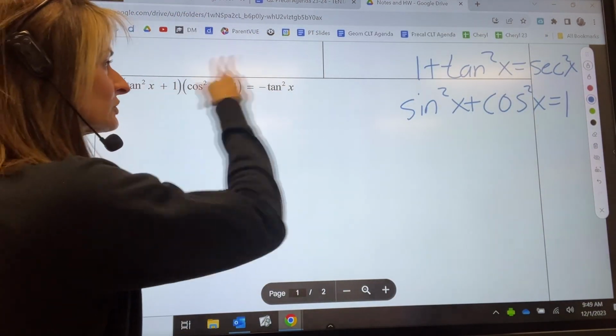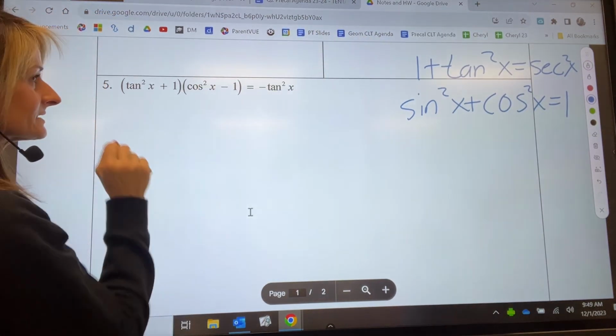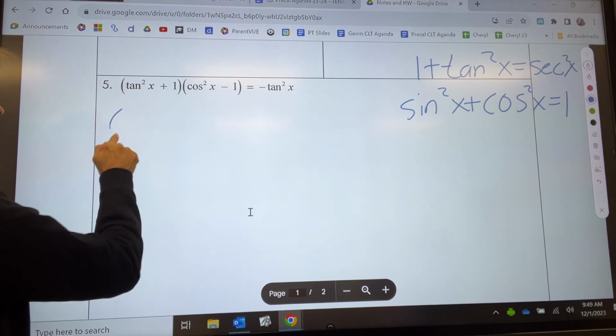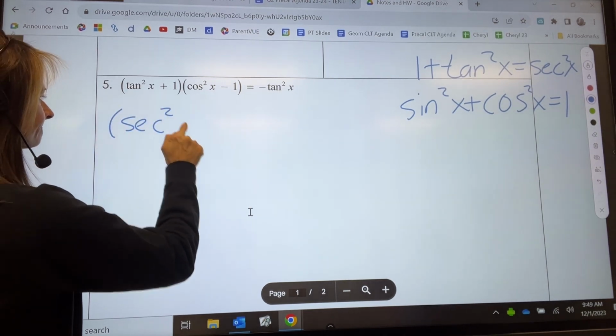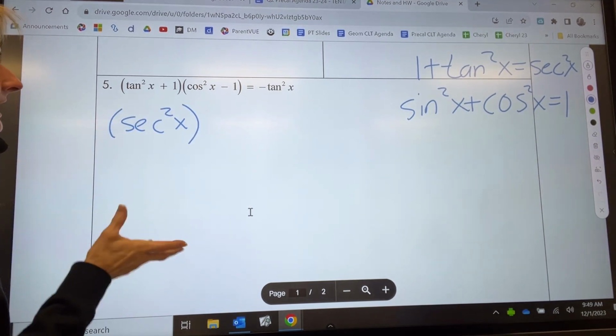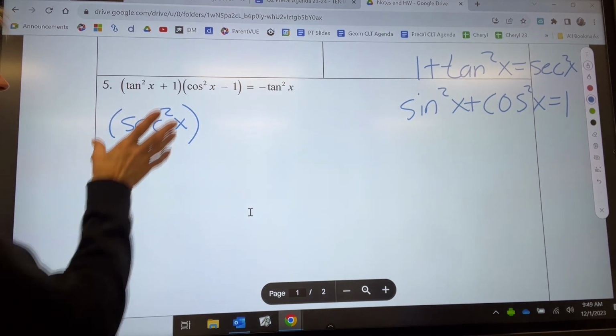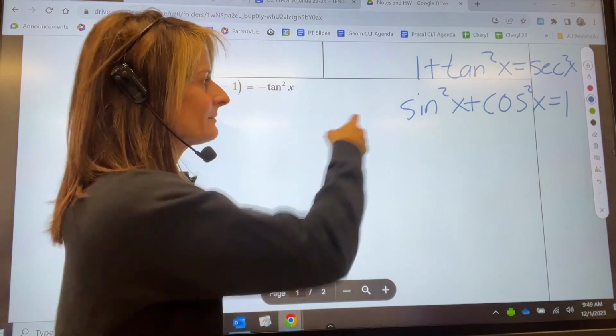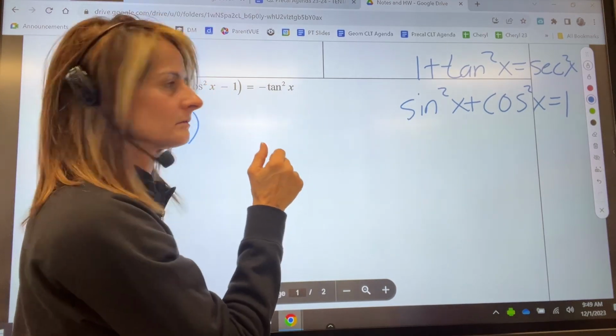So the first one I'm just going to use the way it is, and I'm going to substitute in secant squared for tangent squared plus 1. Okay, now the second one's just a little bit trickier. This one says cosine squared minus 1. Well, I gotta manipulate this next property just a little bit.